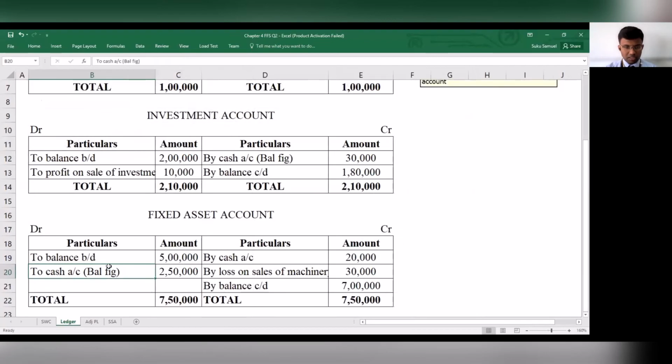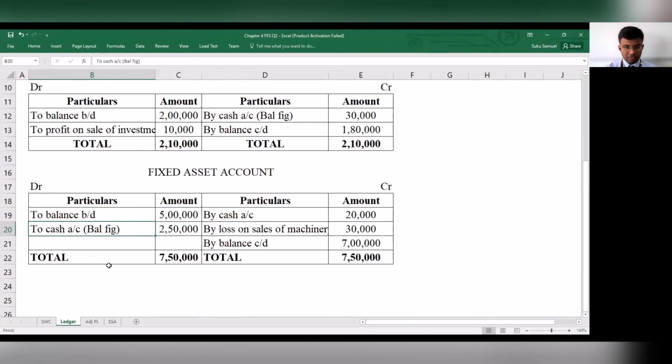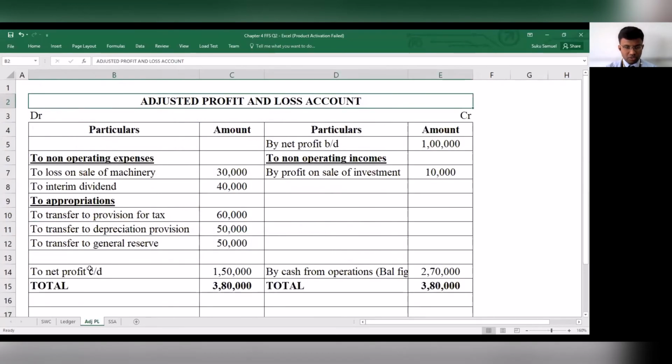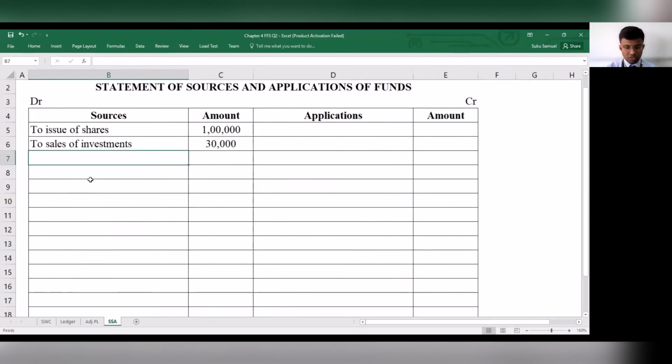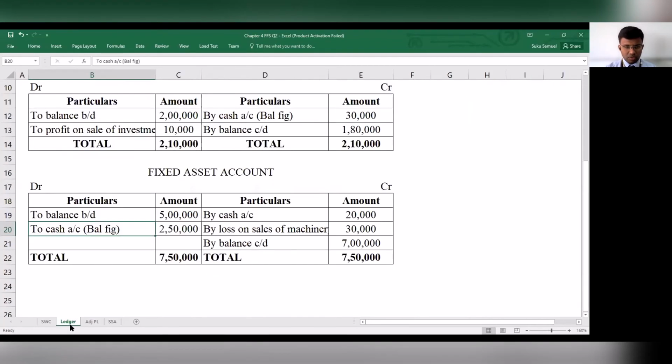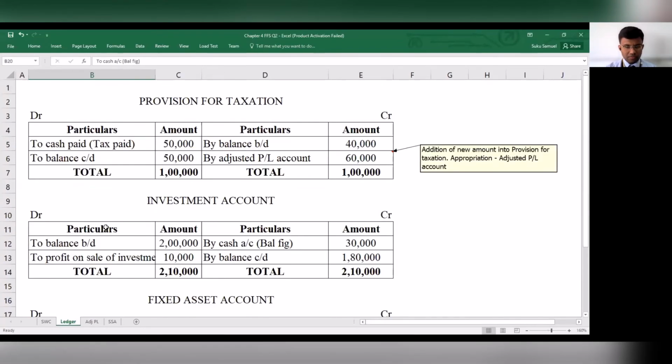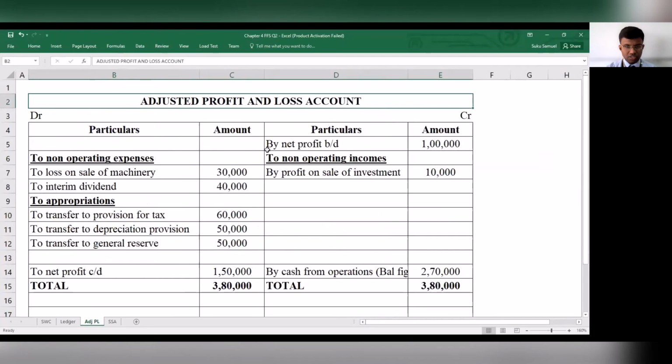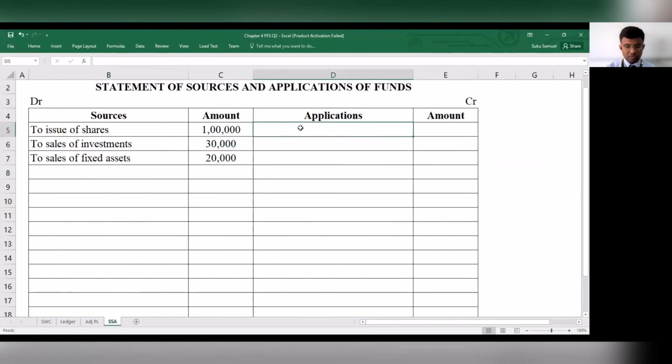Next, you have sold some fixed assets, so sales of fixed assets, and that is 20,000. Then we have applications.